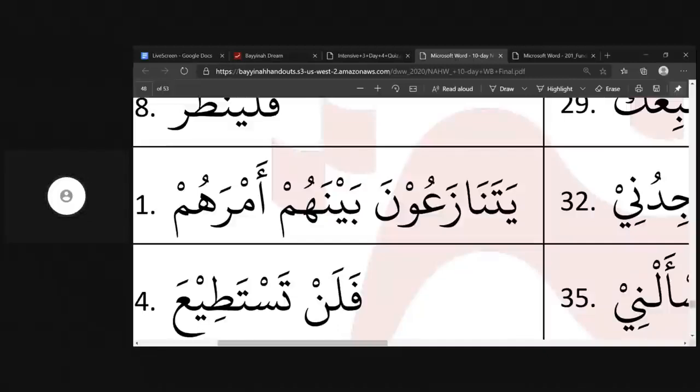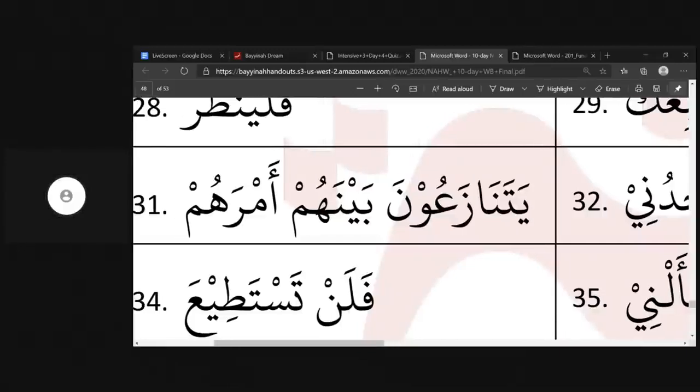It means they. So because we see the una at the end, we already know this is normal. If this was light or lightest, it would be yatanaza'u. The noon would have been removed. The noon is still here, so we know this is normal.